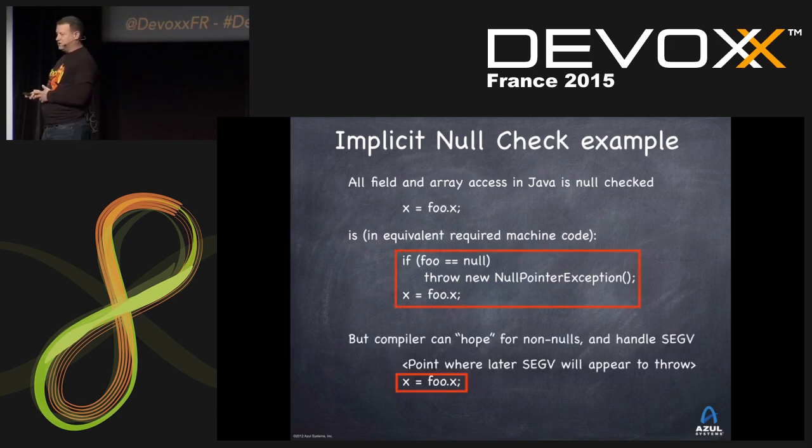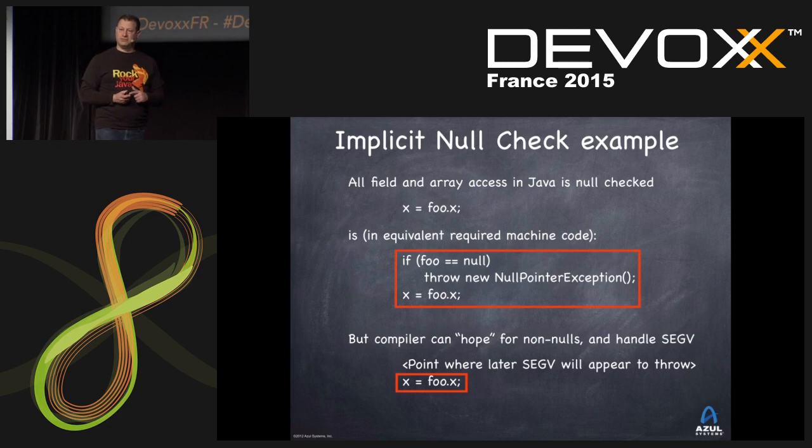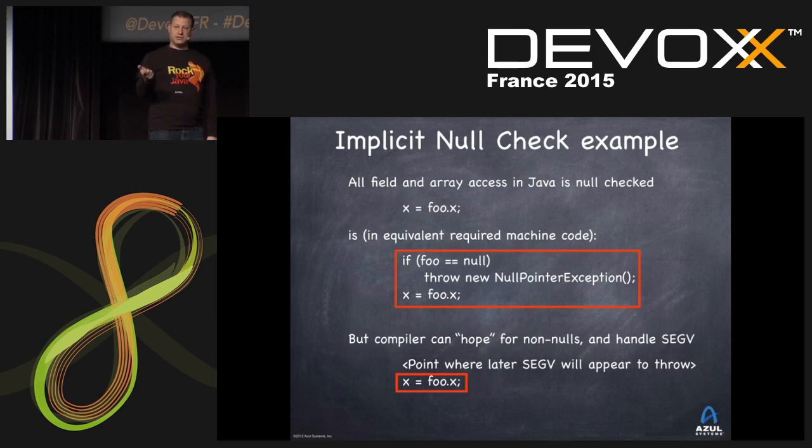What the JVM actually can do is to say, I don't think I'm going to run into a null, so I won't even check. I'll actually blindly go and do the access. What could go wrong? Well, what could go wrong is you got a null. And if you got a null, you're going to get a seg fault because you're going to be accessing a range of virtual memory that's not mapped.